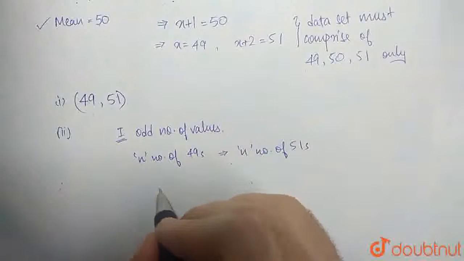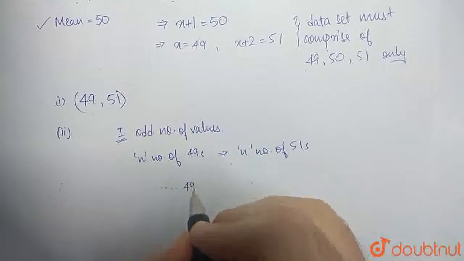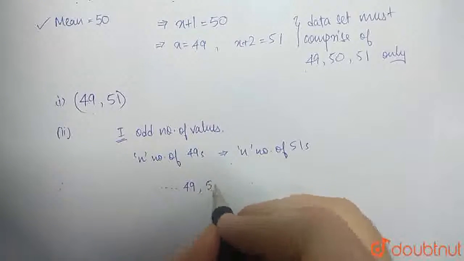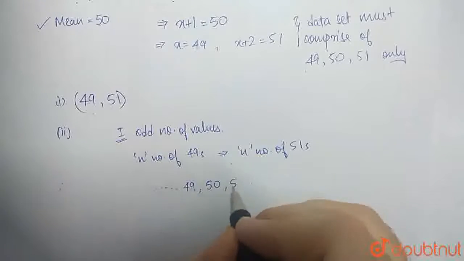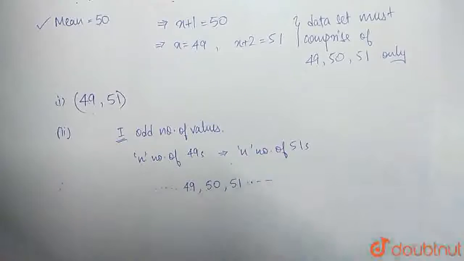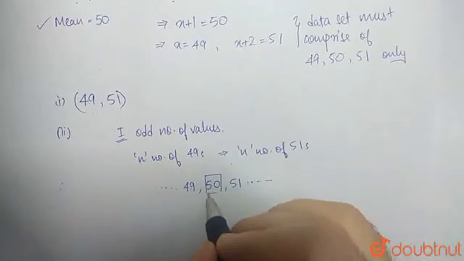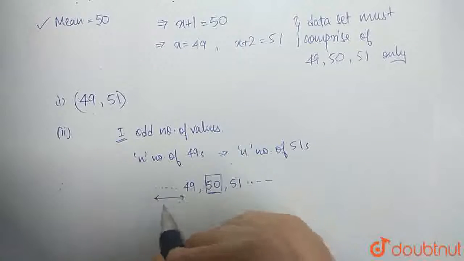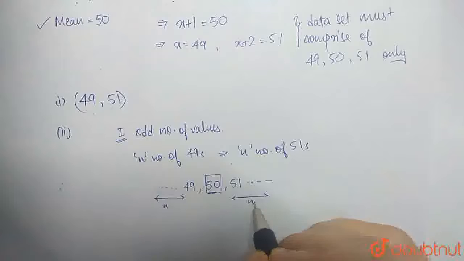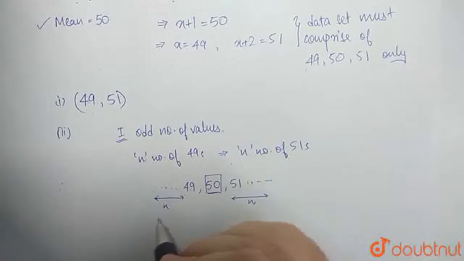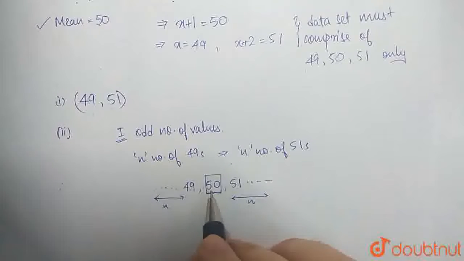So the sequence would be something like this: n number of 49s, then a 50, then n number of 51s. So the median here would be this 50, since there are equal numbers of values on both sides of it. This is the centermost value. Again, there can be any number of 50s, as long as that number is odd.